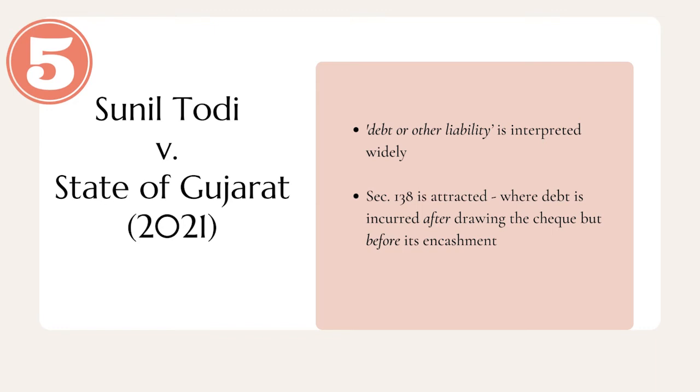By mentioning the term 'other liability', it gives the widest scope to the nature of debt. The very object of the NI Act is also to enhance the acceptability of cheques and inculcate faith in the efficiency of negotiable instruments for the transaction of business. Hence, the Supreme Court held that section 138 also attracts cases where debt is incurred after the cheque is drawn but before its presentation.